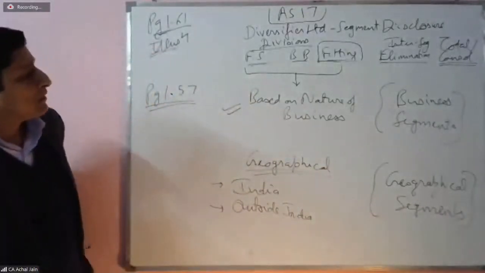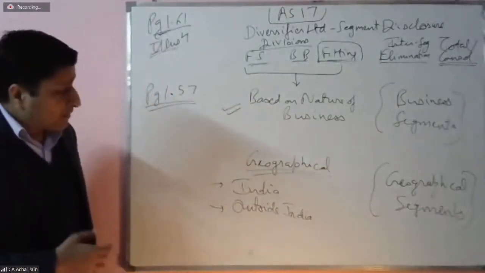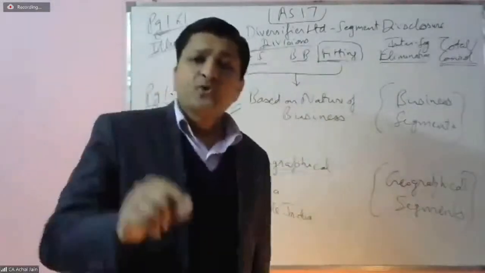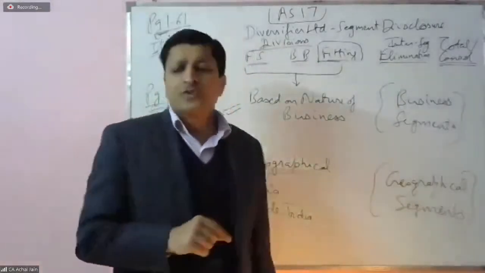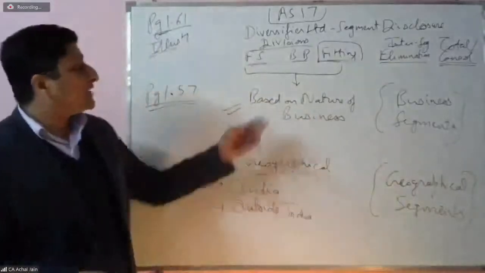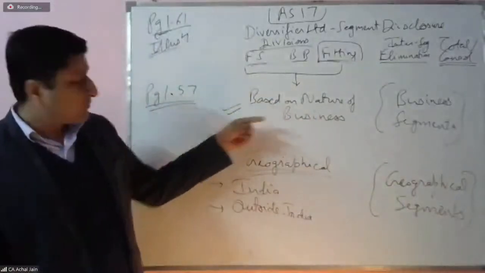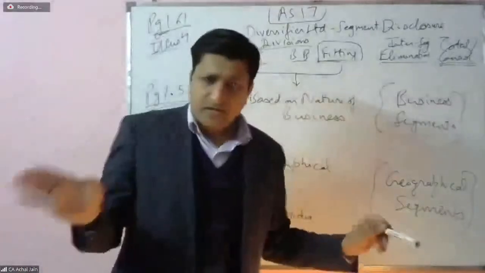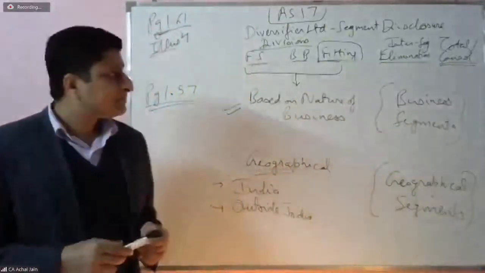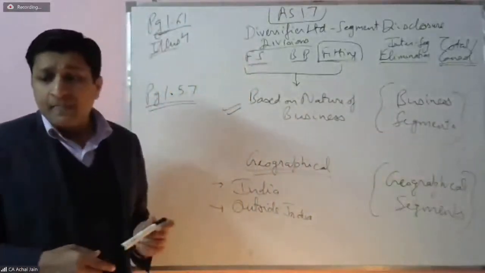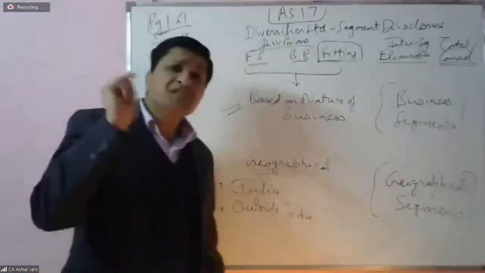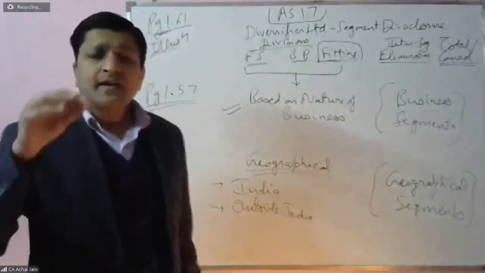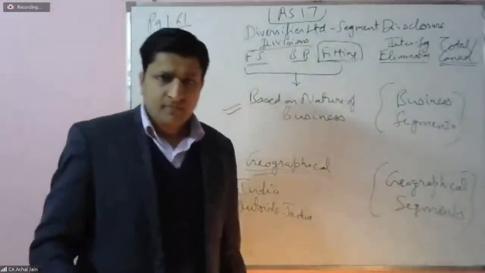Now, we have understood that the basis to be chosen for reporting the segments, on the basis of nature of business or on the basis of geographies, is up to the discretion of the management. Yeah. But even though this discretion is available to the management, standard has certain more requirements.